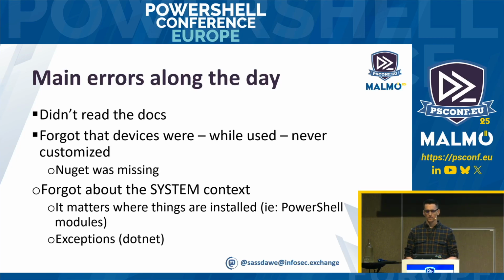They were not, so they were never really customized. NuGet was not present, because if you start PowerShell and you want to download the module, it will ask you, do you need, and you don't have NuGet, it will ask you, can I install it? And it will put it into your user scope. That is not blocked by the user level installer, yay.